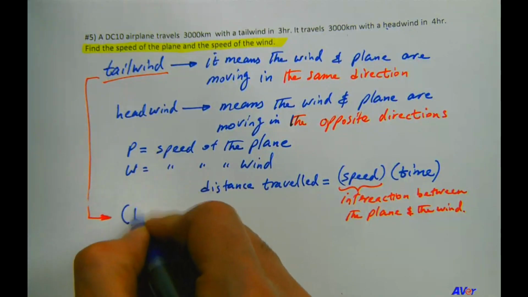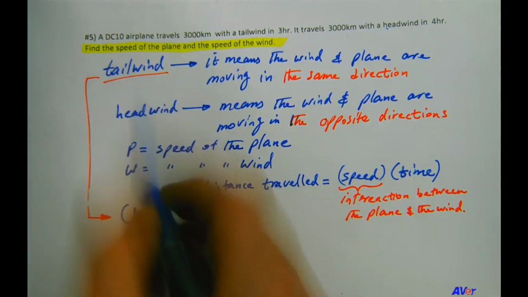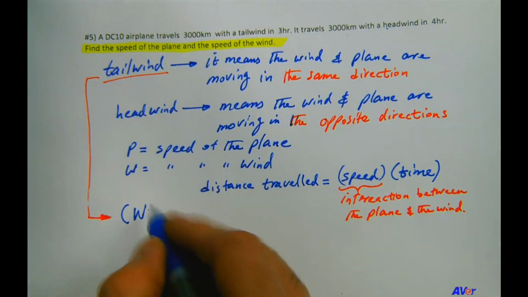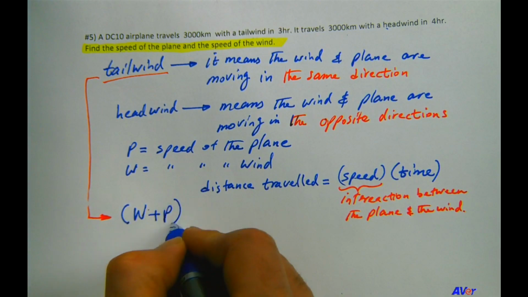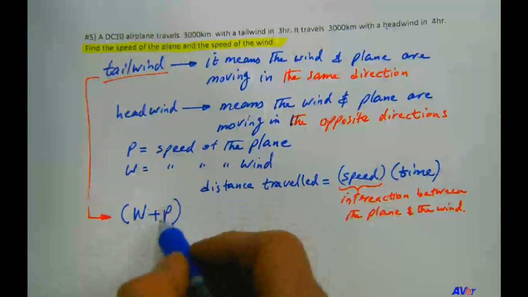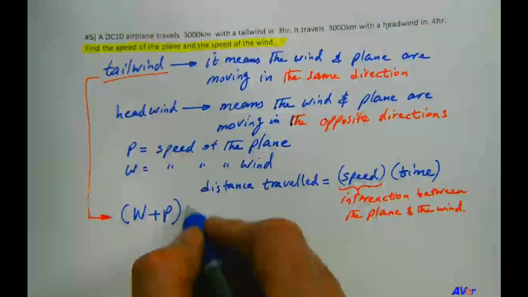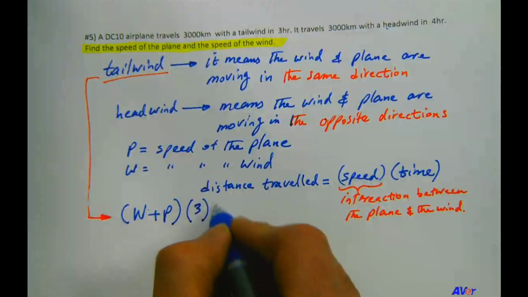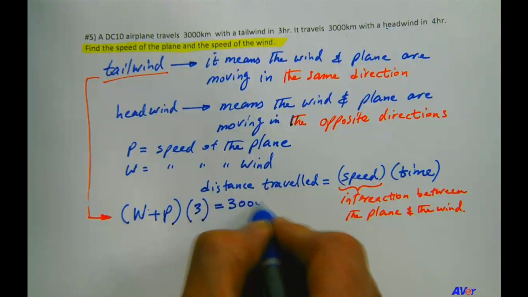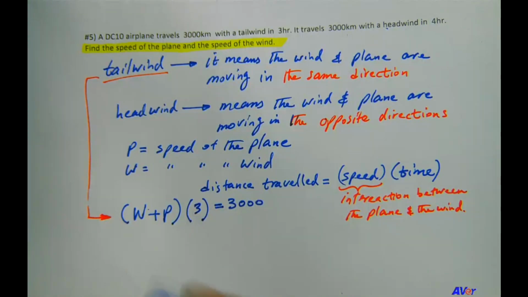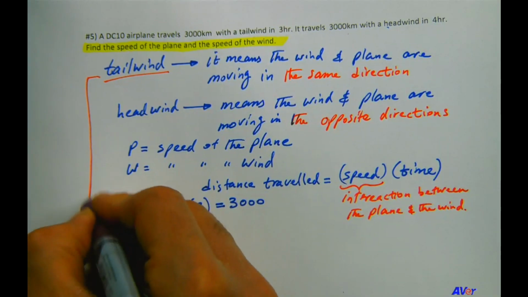So, W for the tailwind, W plus P, that's when it took the plane 3 hours to get to the destination, times 3 hours equals 3,000 kilometers, right? That's with a tailwind.